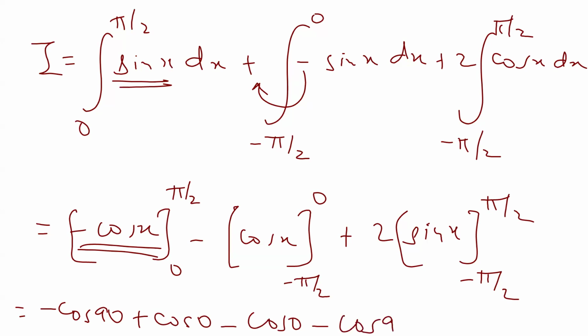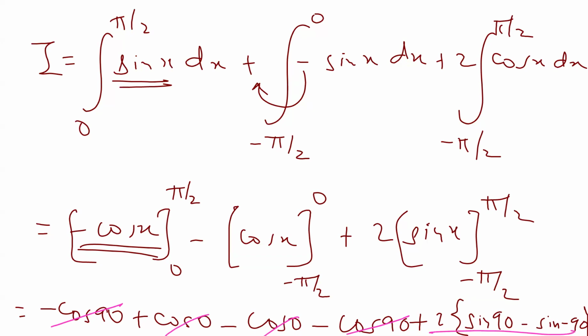Cos minus 90 is cos 90, plus 2 sin 90 minus sin minus 90. So see, cos 90 is 0. So this is gone. Cos 0 is 1, 1 minus 1, 0. So this is also gone.